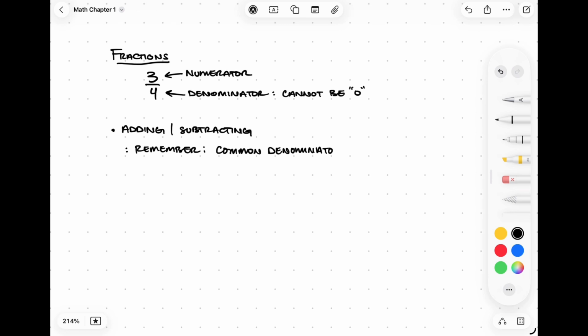Usually we want to try to come up with the lowest denominator we can think of, but honestly, if you're feeling a little bit stuck, any denominator will do. And in some cases, using a bigger number might actually work out. So let's do an example.